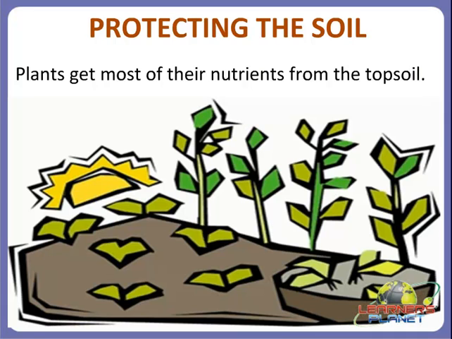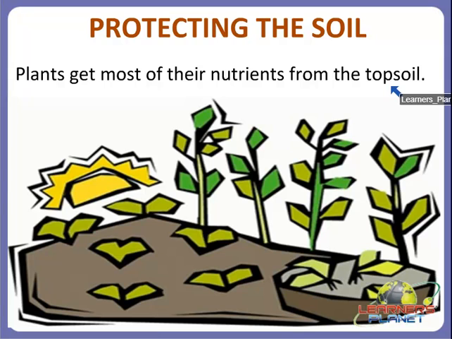So children, I hope you are clear with soil erosion. And now we will study and learn some steps about protecting the soil. So children, how can we protect the soil? Yes, plants get most of their nutrients from the topsoil. What is topsoil?